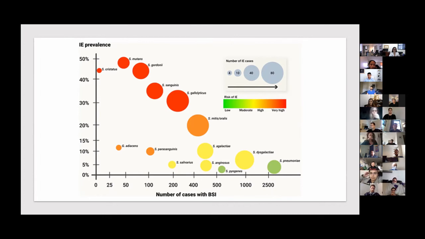Strep pyogenes, also very low incidence. You've got many more cases of bacteremia, but a very low incidence of endocarditis. Group B strep, slightly higher. So it just gives you an idea of which bugs you have to worry about. So with strep mutans, strep gordonii, strep sanguis, there might be some concern and you might want to repeat. Okay.